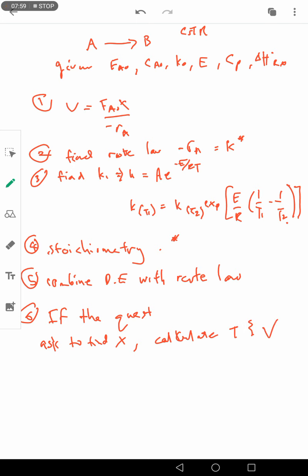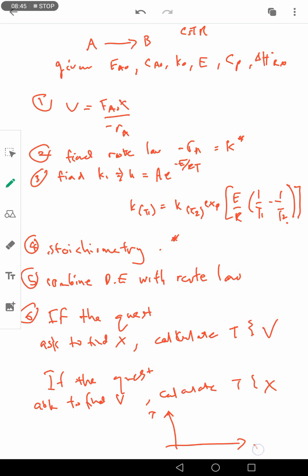T and V. Okay, so if the question asks to find volume, for example, so maksudnya you kena cari T and X. Okay, so kadang-kadang yang guna T and X ni yang actually you boleh plot graph.